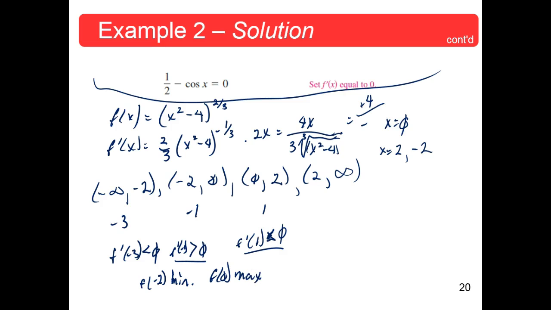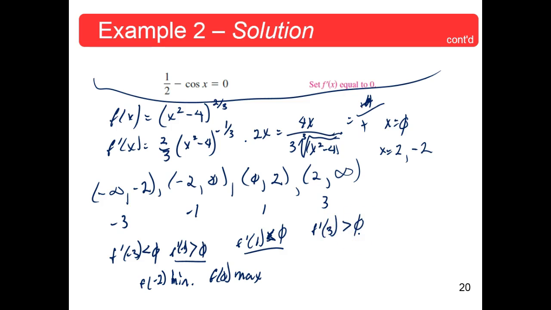Okay. All right, let's go to 2 to infinity. Give me a value. 3, I like it. Okay. And what's the numerator there? Positive. Okay, what's the denominator? Positive. What's your first derivative? Greater than 0, positive.